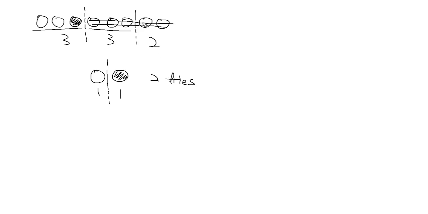But what happens if the heavier ball is in the group of 2? Let's analyze that. So we have the 8 balls over here, and the heavier ball is in the group of 2. We are going to do the same thing: put the group of 3 and 3 on the scale.